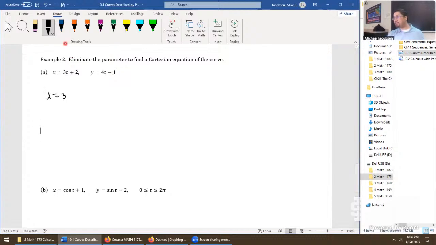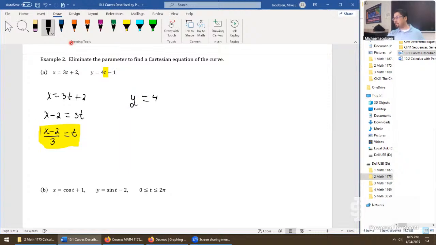So step one is just to solve here for t. If x equals 3t plus 2, then that would mean x minus 2 is 3t, and so (x minus 2) over 3 is t. And we take that information and just directly drop it right inside there for the y coordinate.